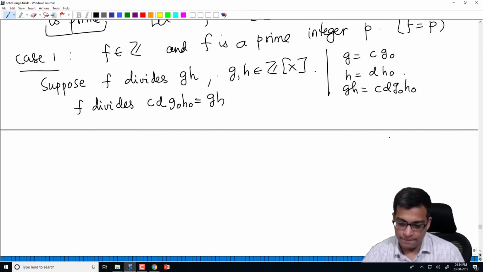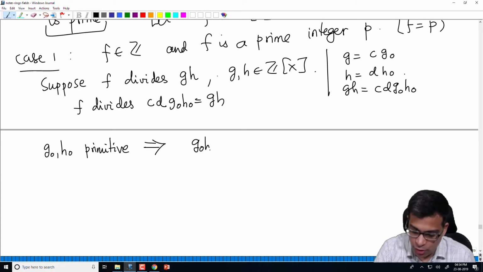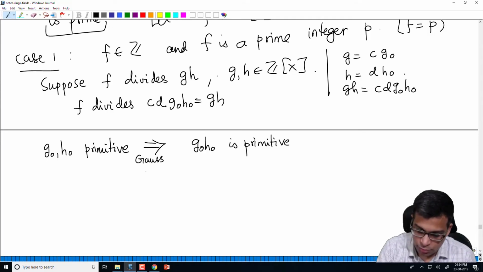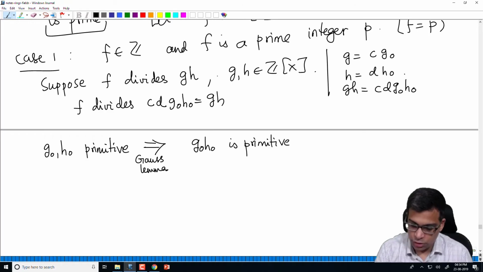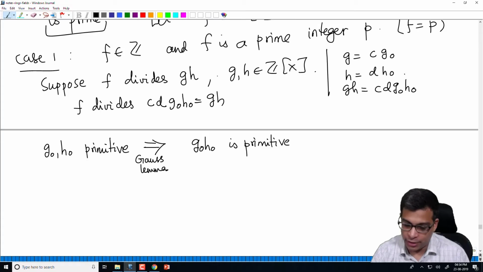But remember, g0 and h0 are primitive. This implies g0 h0 is primitive. The product is primitive. Again, this is Gauss lemma. What is a primitive polynomial? It means that the coefficients of g0 h0 have no common factor.